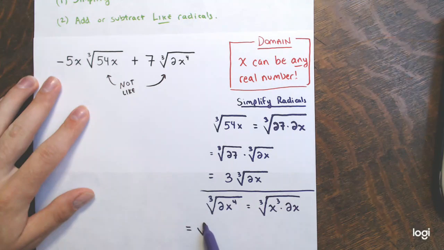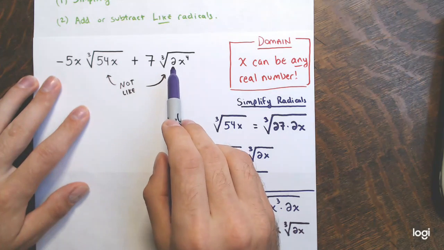I split the factors up: the cube root of x cubed times the cube root of the non-perfect cubes, the 2x. And the cube root of x cubed, when you take an odd root of a perfect odd power, you're just left with the base. It's just going to be x. It doesn't have to be non-negative or anything. Times the cube root of 2x.